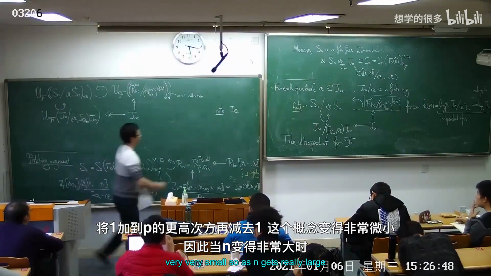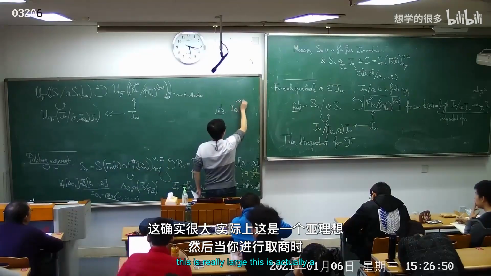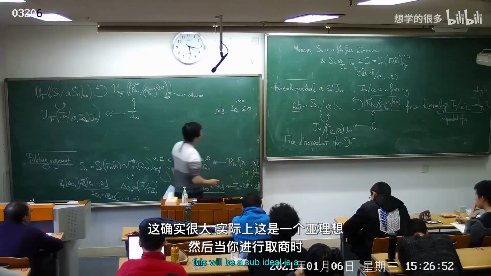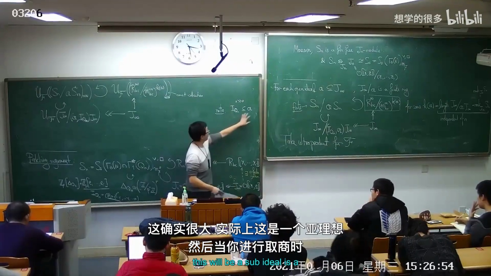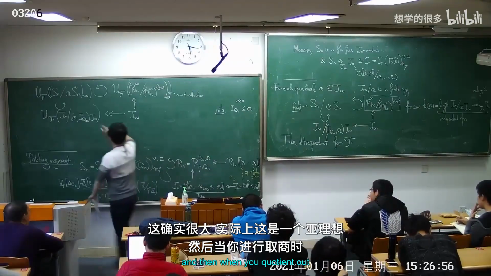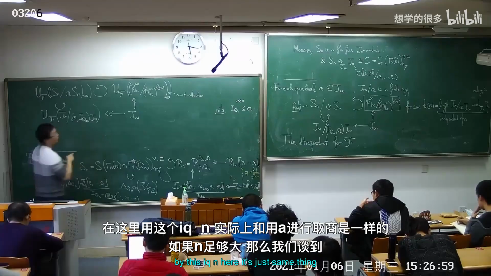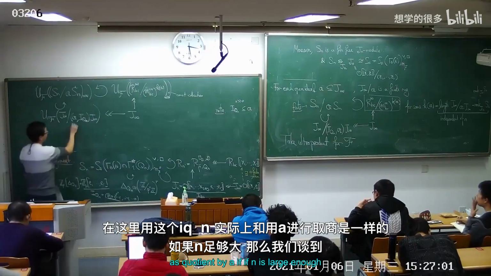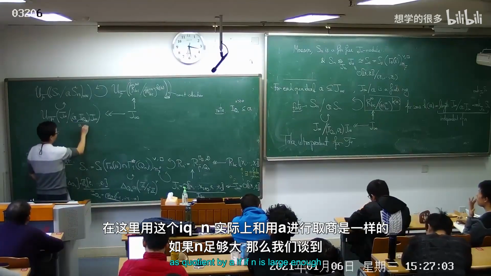As n gets really large, this will be a sub-ideal of this A. And when you quotient out by this I_Q_n, it's the same thing as quotienting out by A if n is large enough.